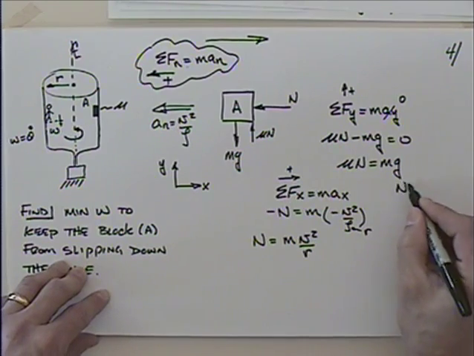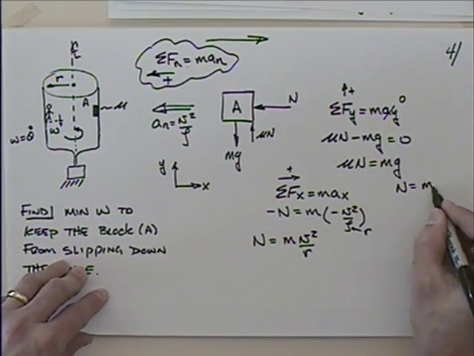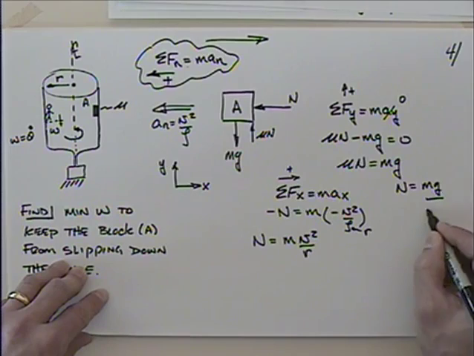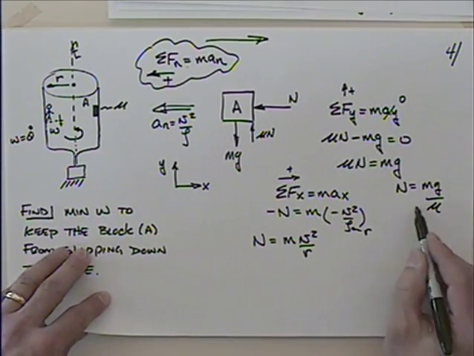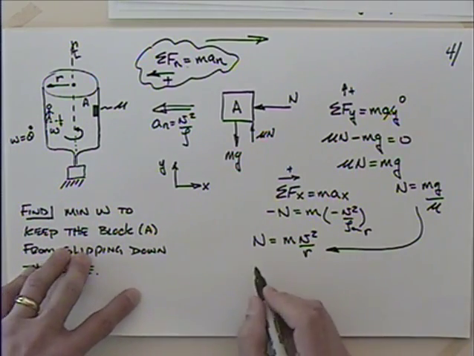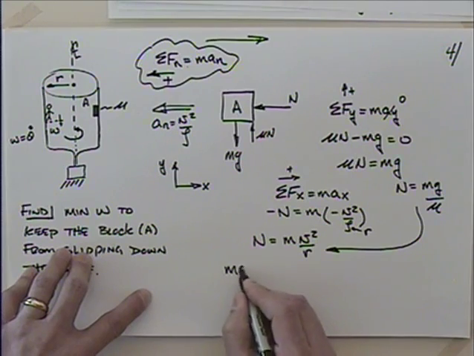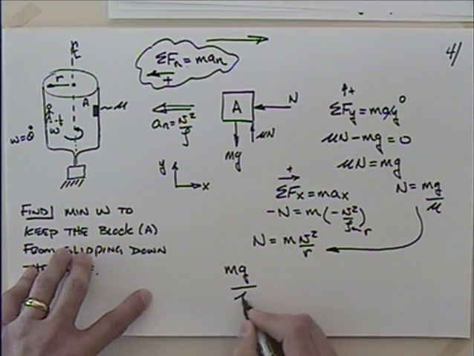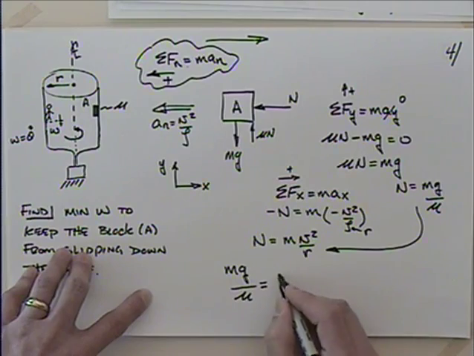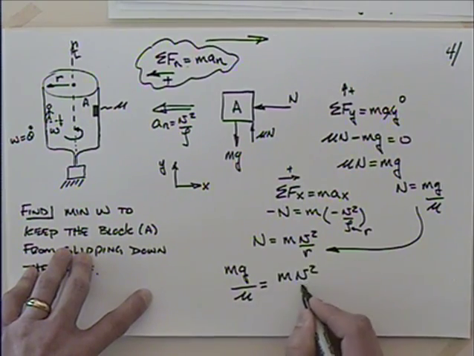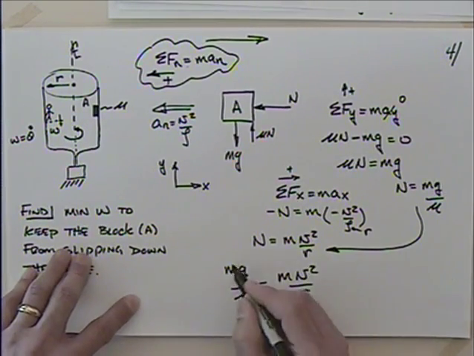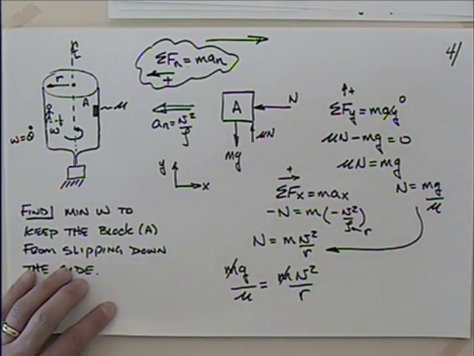I could say that the normal force here is equal to mg divided by the coefficient of friction mu, right? And I will substitute that into there. And I have that mg over mu is equal to mv squared over r. And I get to cancel the masses out of this.